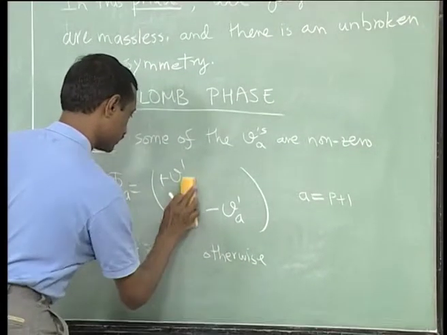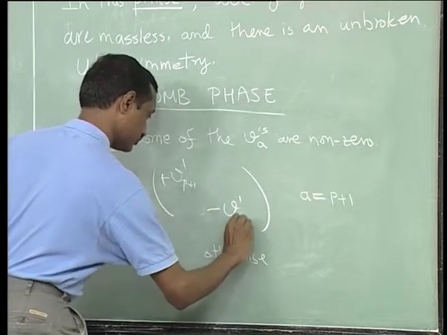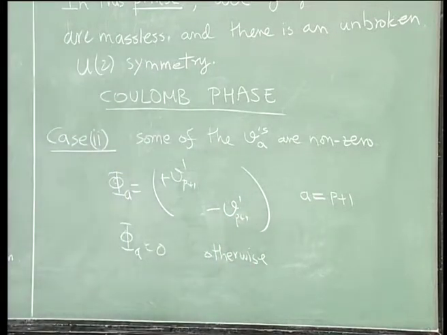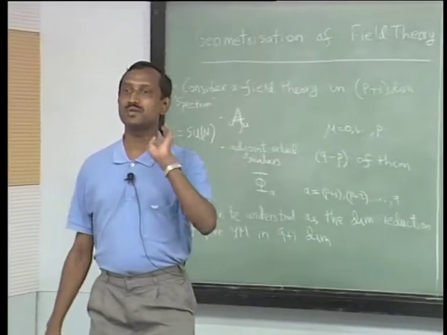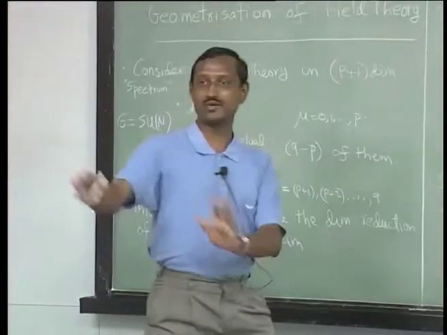Okay. Again, this is exactly like what happened in the Prasad-Sommerfield case, where the only thing you remembered there was the wave things, and the potential could have been forgotten.